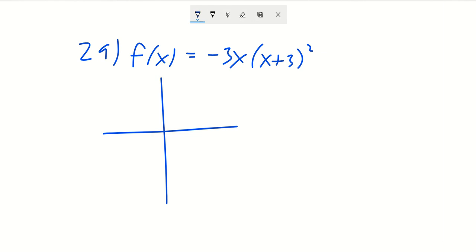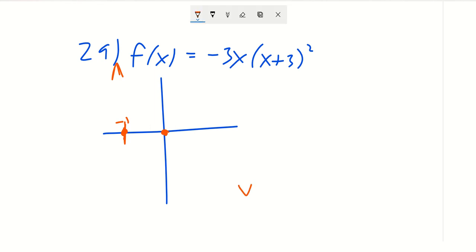We have a couple key points. So we know we have an x and y intercept of (0, 0). And we have an x-intercept of (-3, 0), which is right here. We also know that the polynomial is going to open up to the left and down to the right.